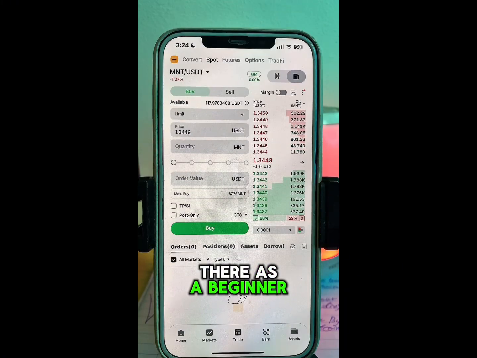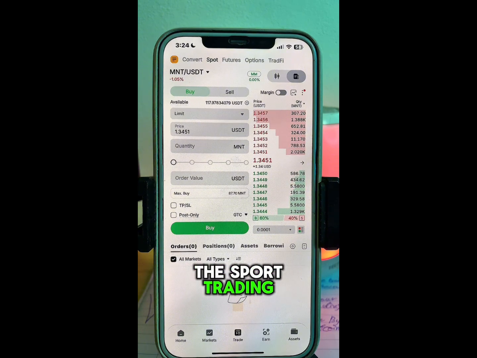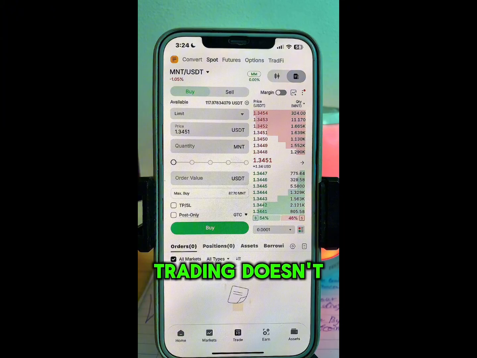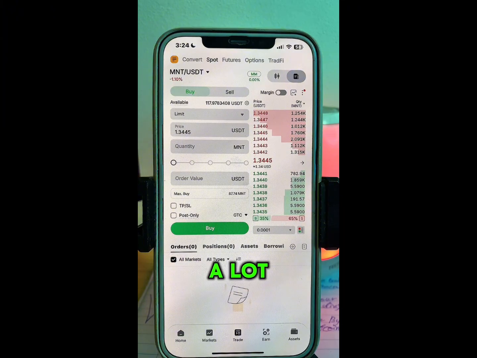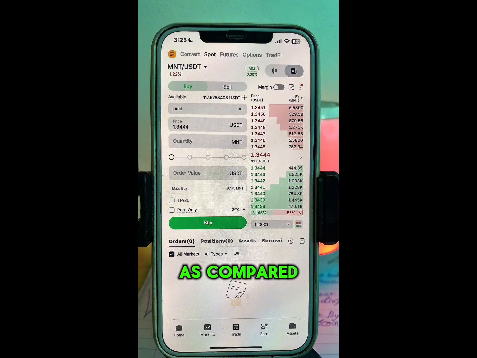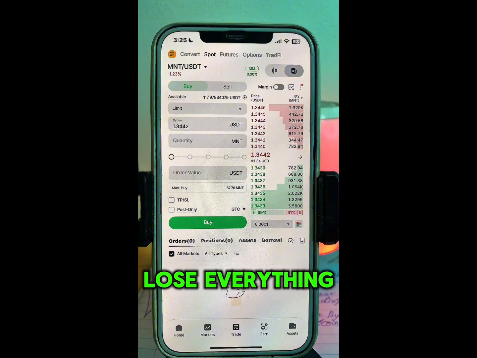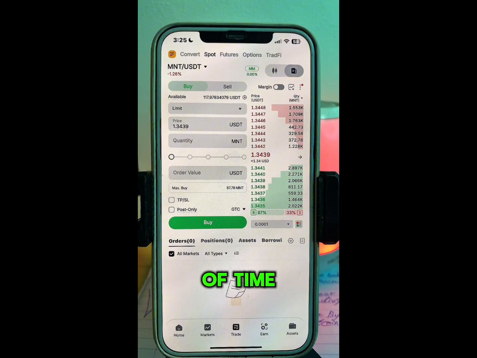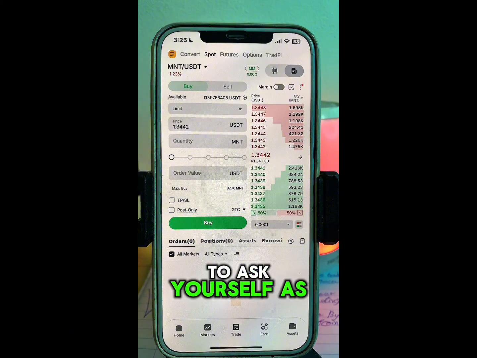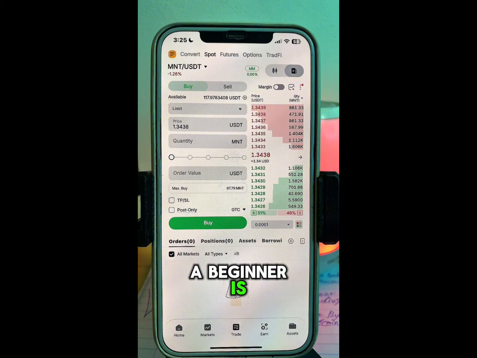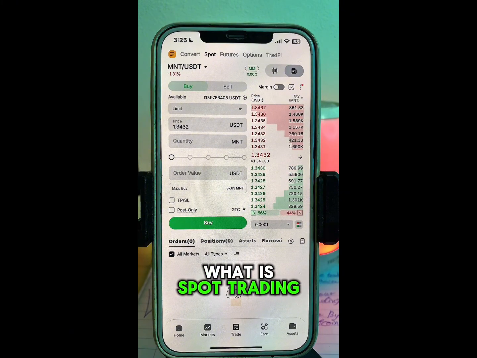As a beginner, the reason why you have to stick with the spot trading is because the spot trading doesn't involve a lot of risk as compared to the futures market or the options market, where you can lose everything in a short period of time. The question you need to ask yourself as a beginner is, what is spot trading?